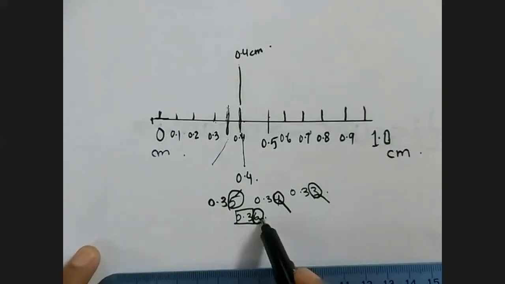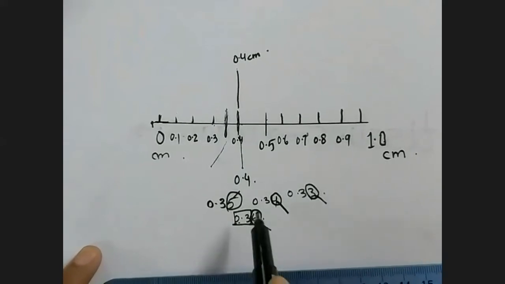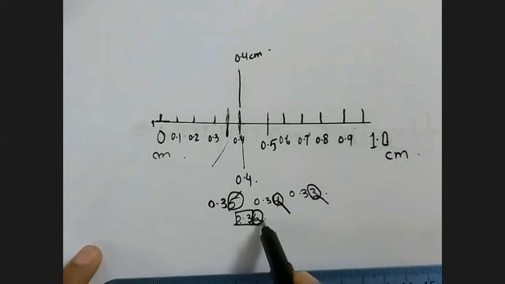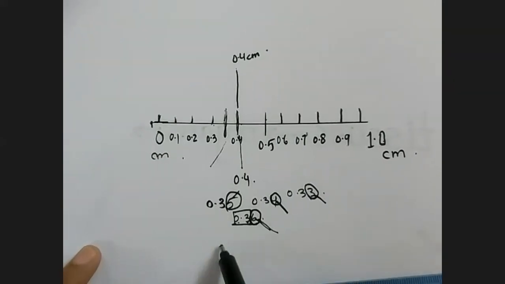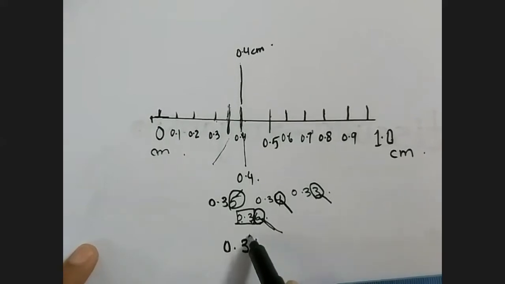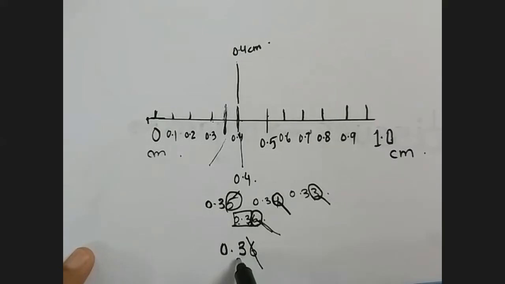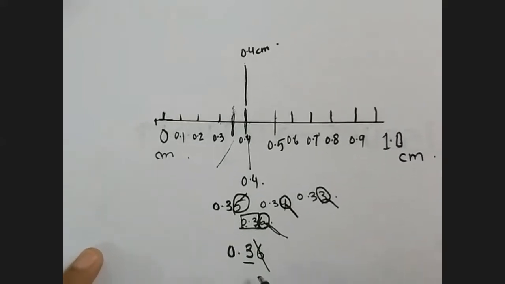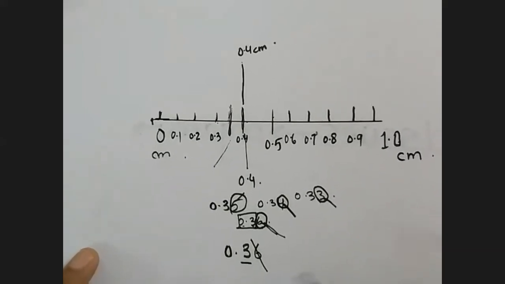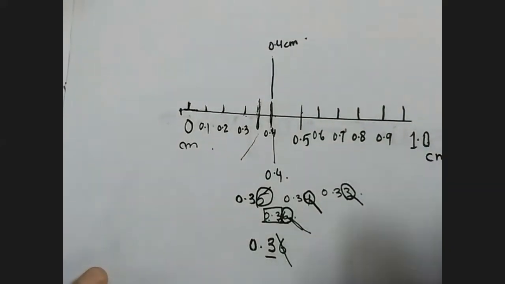I don't know about this digit, but I am sure about the first. So this is not significant. In 0.36, this last digit is not significant. Only the 3 is significant. We will do the rules of significant figures later.